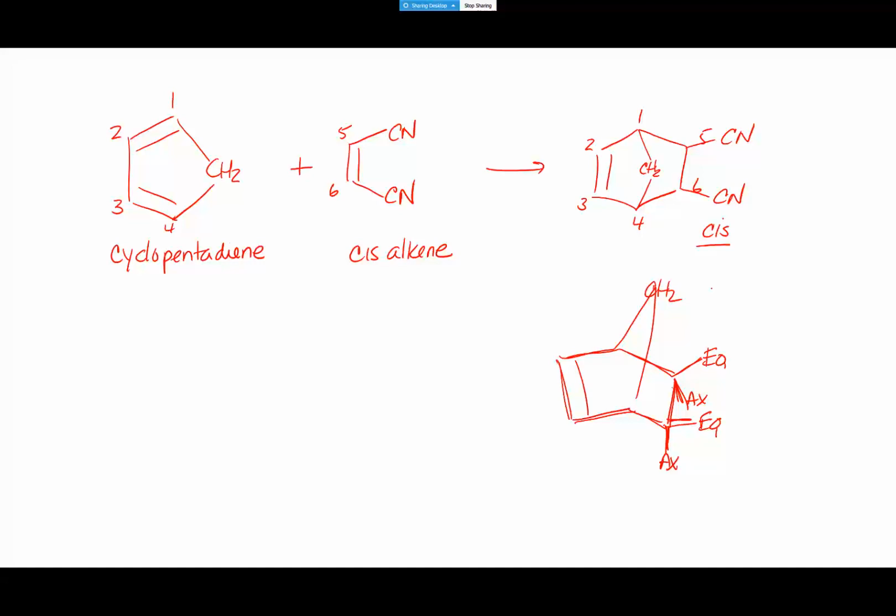Now there's two possible products of this reaction when the two groups are cis. The CNs could go into two equatorial positions, or they could go into two axial positions. They could go into either one. So let me write those two products.